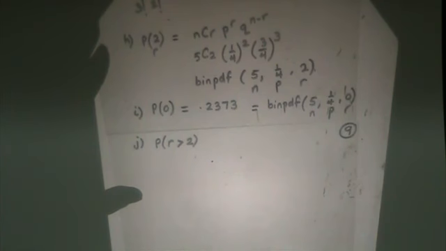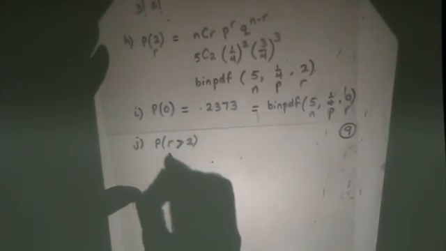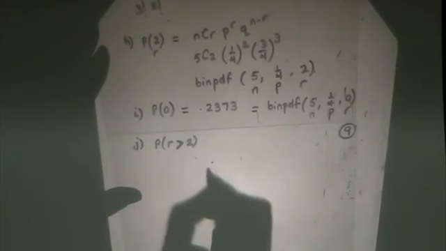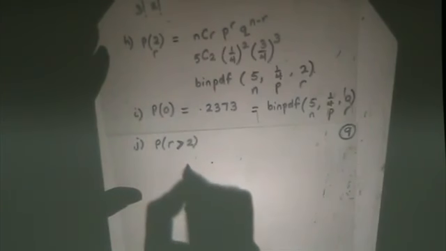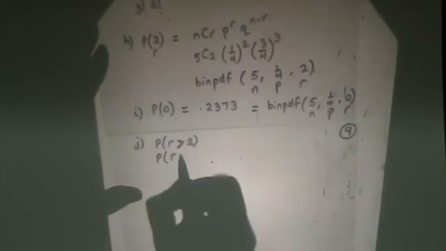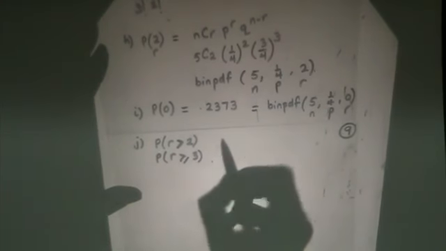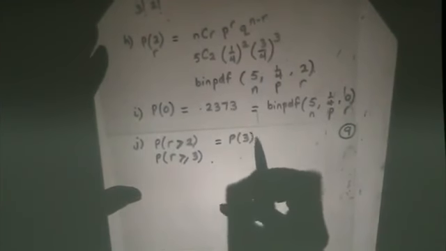More than 2 does not include 2, right? I have to be careful with the greater than or equal to in this case because this is a discrete distribution. It's not continuous where it doesn't matter. So probability r greater than 2 is probability r greater than or equal to 3, meaning 3 or 4 or 5.